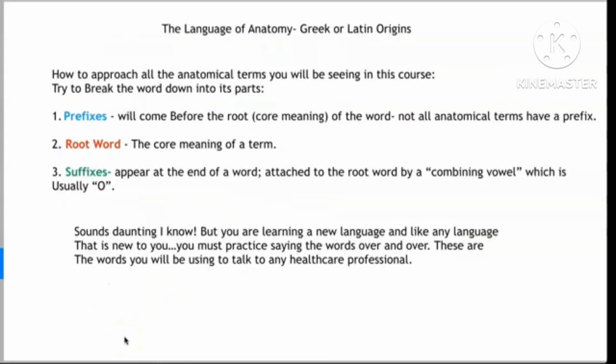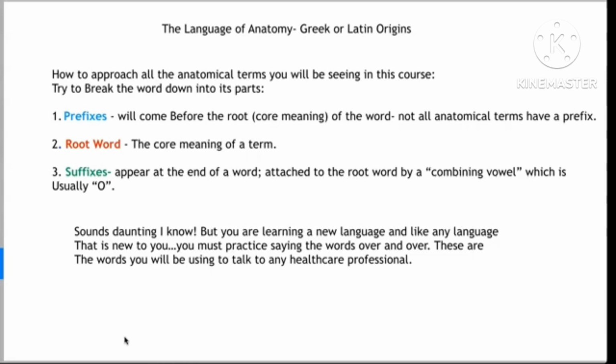So, what a lot of students have trouble with is the language of anatomy. Basically, memorizing all those words. But remember, you are learning a new language. If you are learning French or Spanish, you have to learn the language. You have to know how to pronounce the words. You have to understand what the words mean.